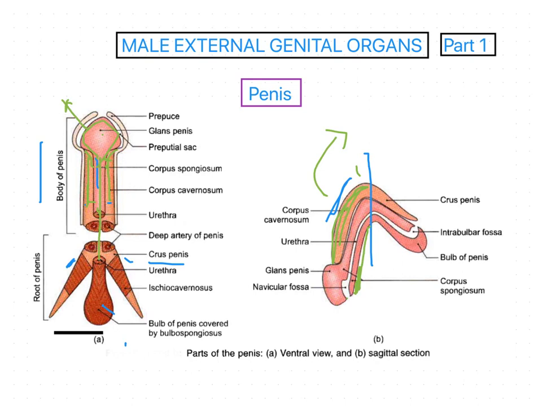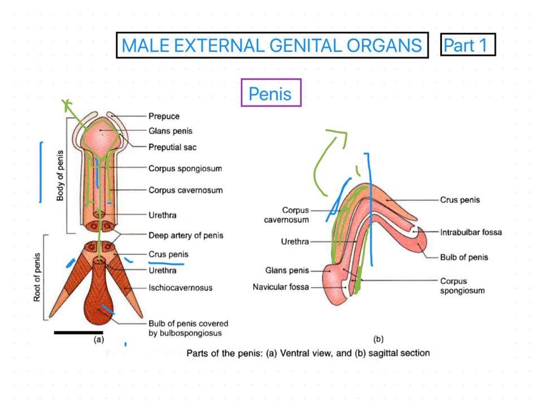In the skin of the corona glandis or glans penis, there are numerous sebaceous glands called preputial glands. They secrete the smegma, which collects as plaques in the preputial sac and emits a characteristic odor. Okay, so this is about the skin.